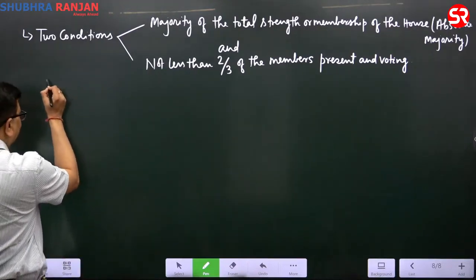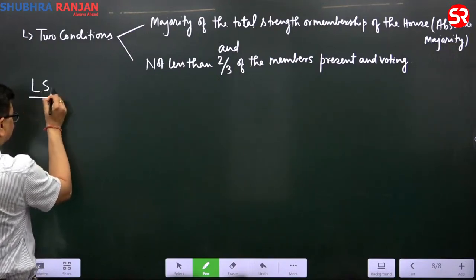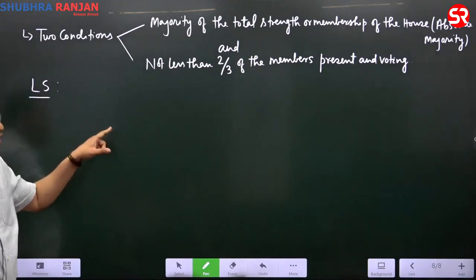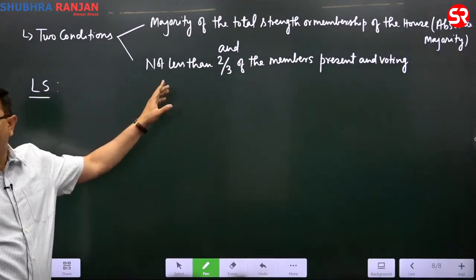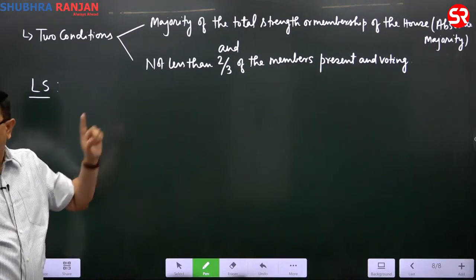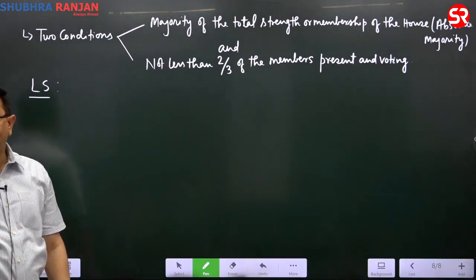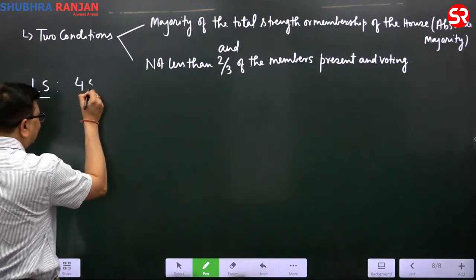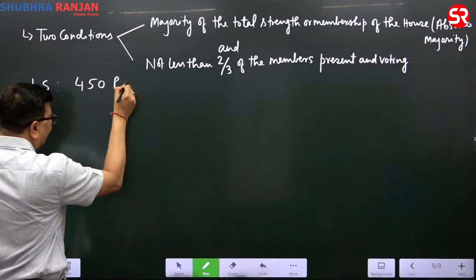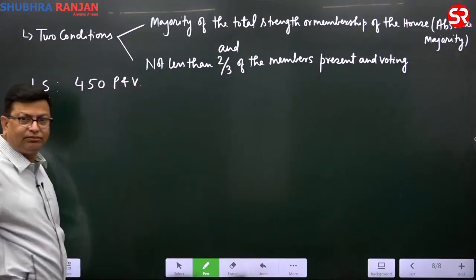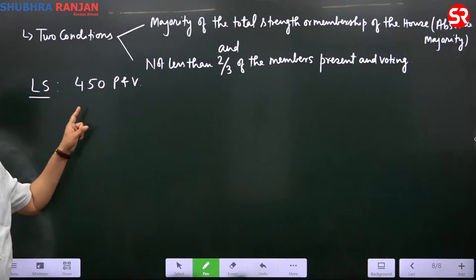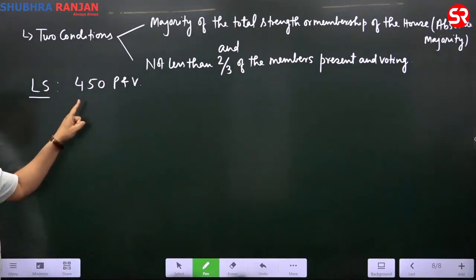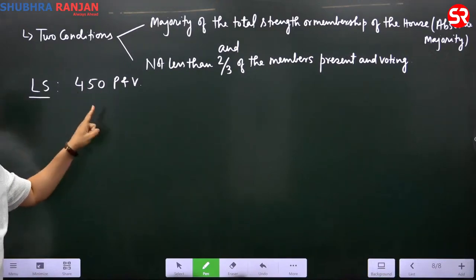Suppose in the Lok Sabha a bill has been introduced which requires this majority to be passed. Now suppose 450 members are present as well as voting in the Lok Sabha.